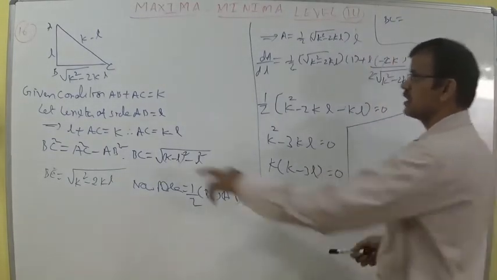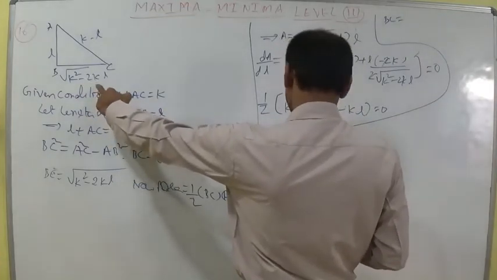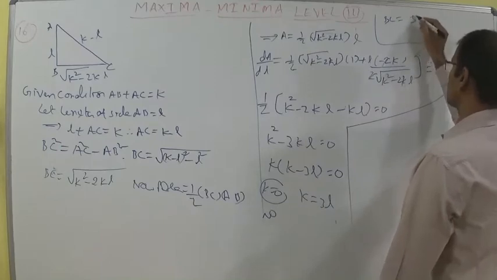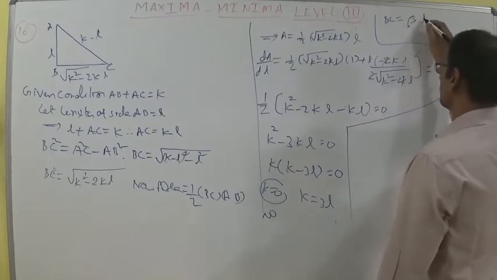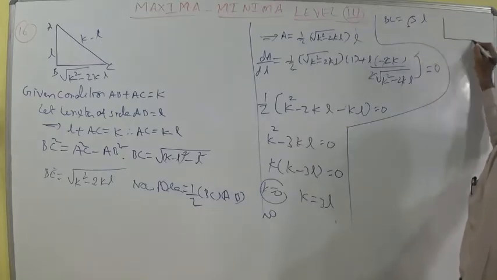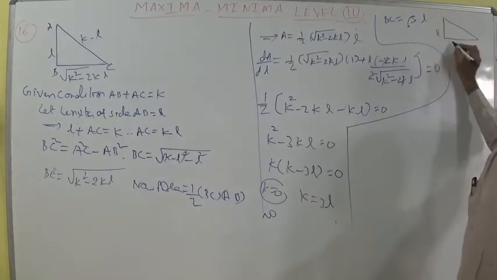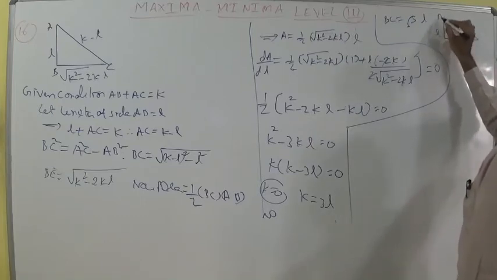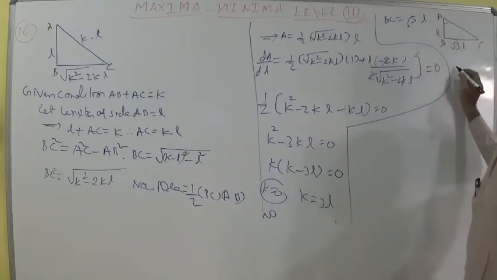So this is 9L square minus 6L square, which means root 3L. So AB is L and BC is root 3L. This is A, this is B, this is C.